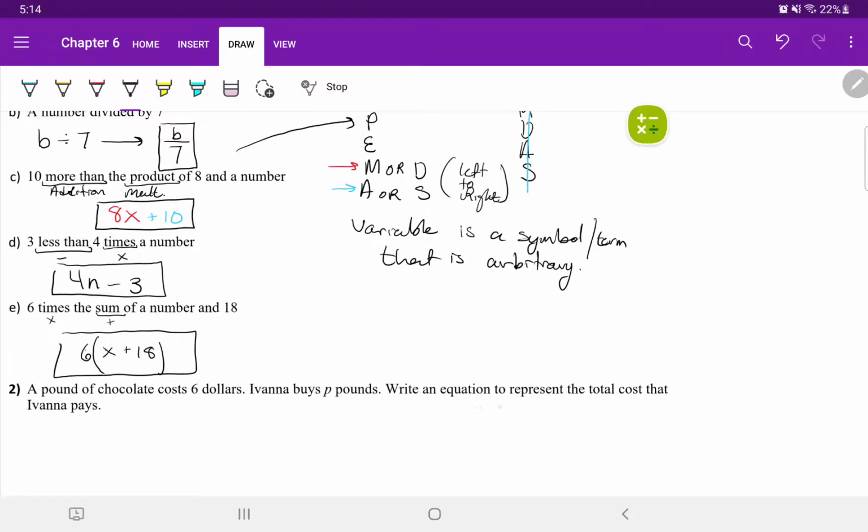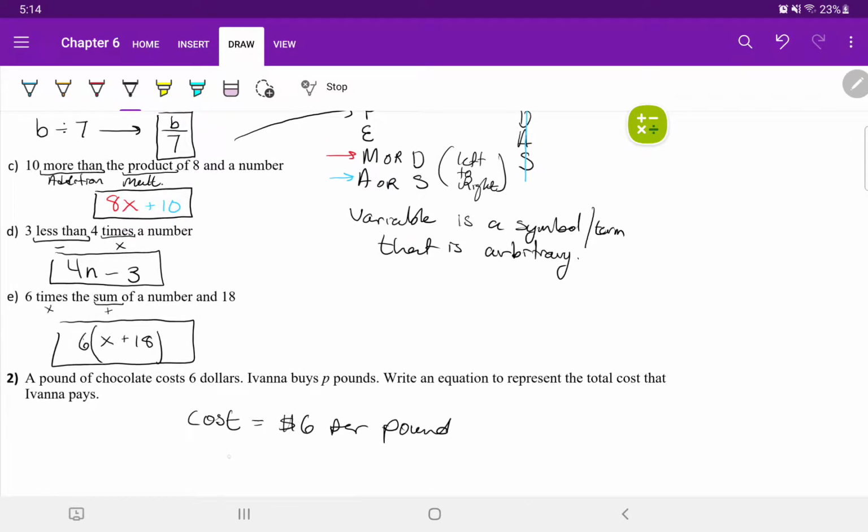Write an equation that represents the total cost that Ivana pays. The cost of the chocolate will equal $6 per pound. The number of pounds will affect the total cost of the chocolate. So C for cost equals 6P, or 6 times P, where P is going to be the number of pounds.